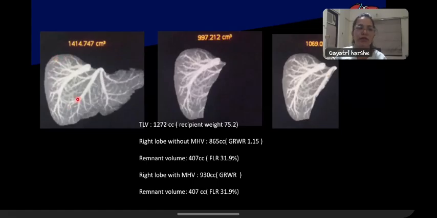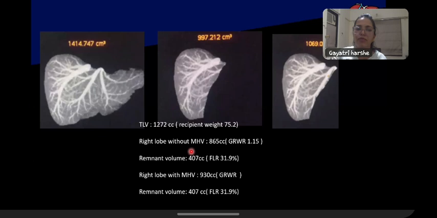In this particular case, total liver volume is 1440 cc, and we have deducted around 13% from this total volume, as that 13% is of the hepatic venous blood, and the remaining portal venous blood volume is deducted from that, and this will give the actual predicted volume for the graft. So this is the total liver volume minus 13%, and this comes to 1272.